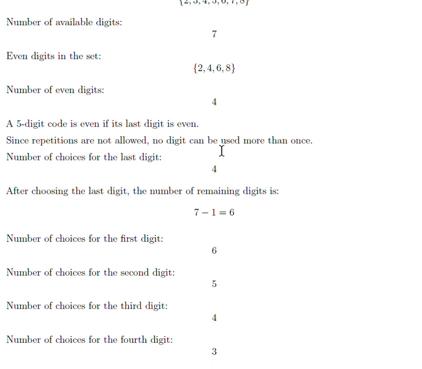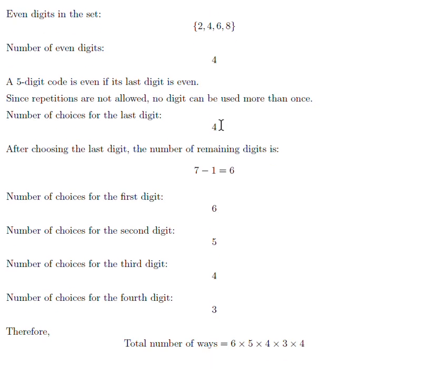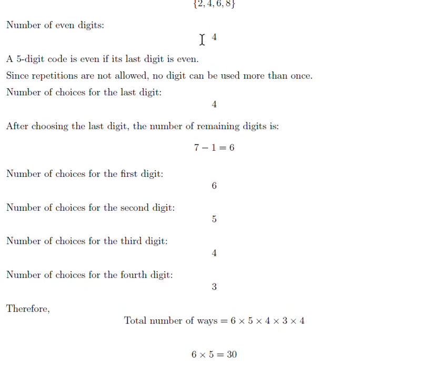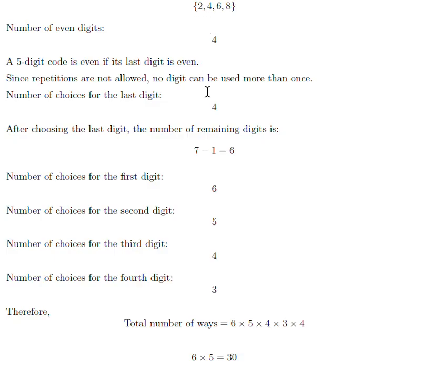Now, a 5-digit code is even if the last digit is even. We've said that. And so if we take out the last digit from our guess, we already know our last digit is any of those 4 digits, right? 2, 4, 6, 8. If we take the last digit off, let's now move to the first digit.